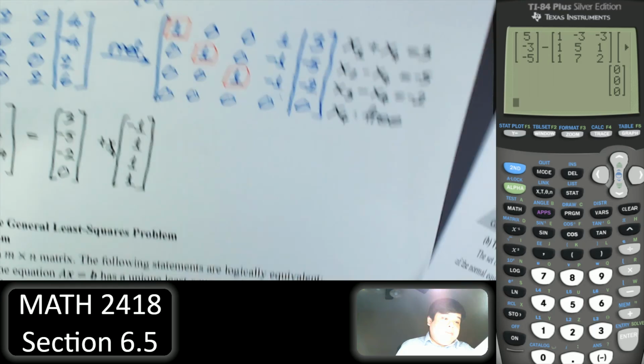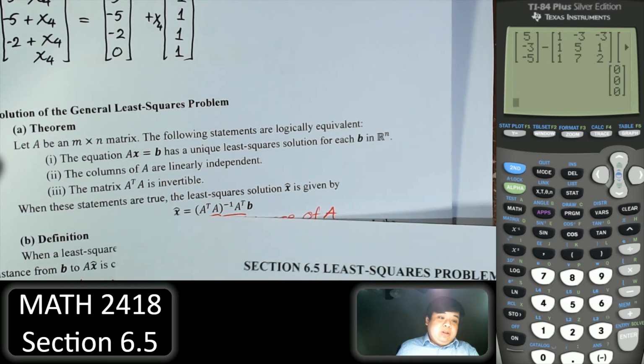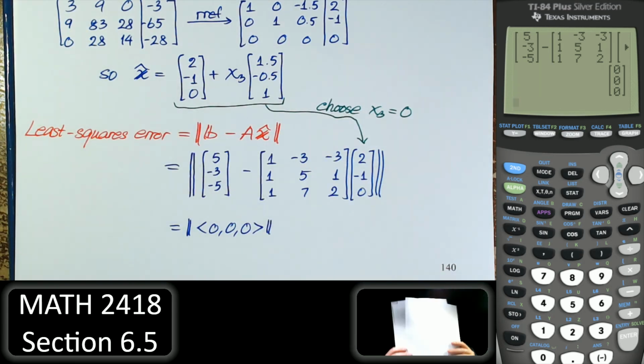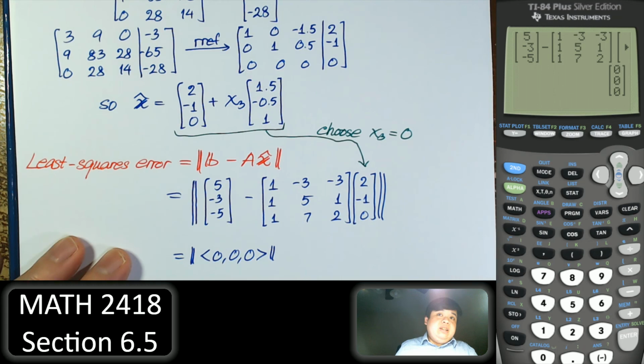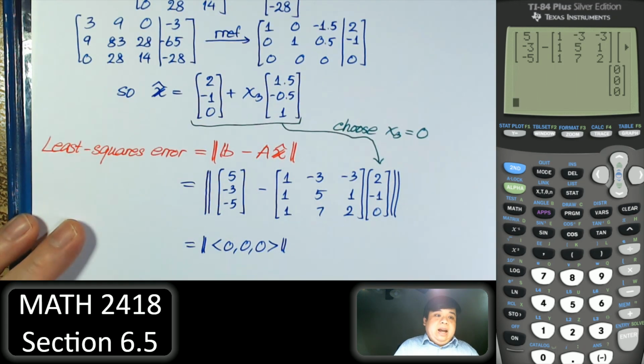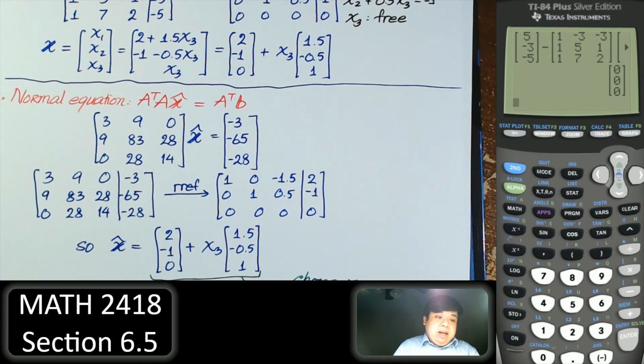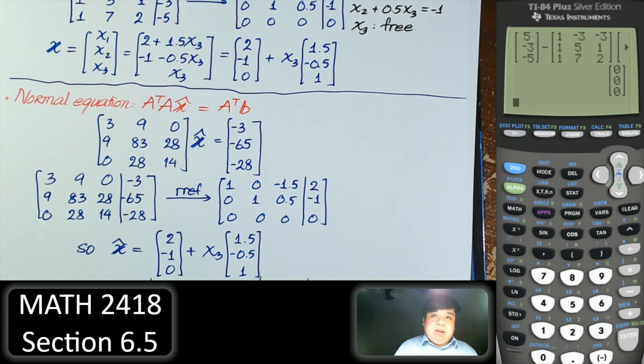When the columns of A are linearly independent, A transpose A is invertible, so we can find a pseudo inverse. Other than that, it's very simple: just the normal equation, solve for it. And if the least square error is 0, then the solution x hat is the same as x.